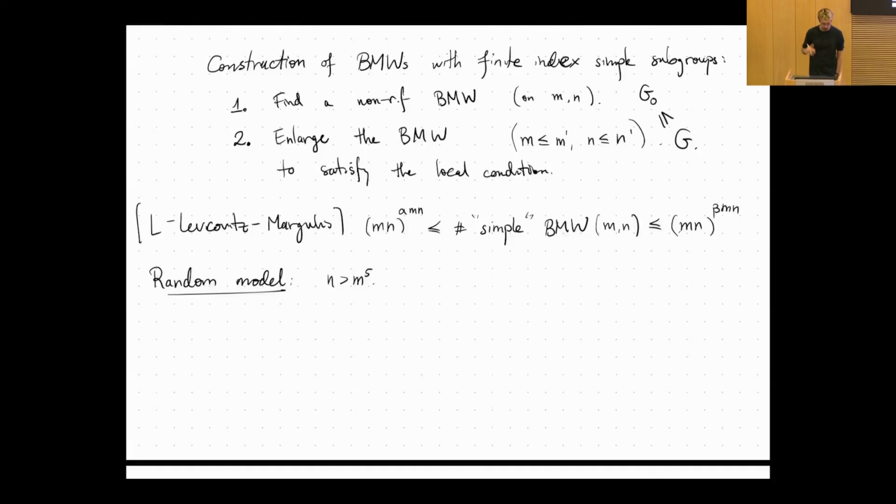But anyway, we built some random model, maybe just because none of us is a probabilist, so going to the most general thing. But the random model is the following.